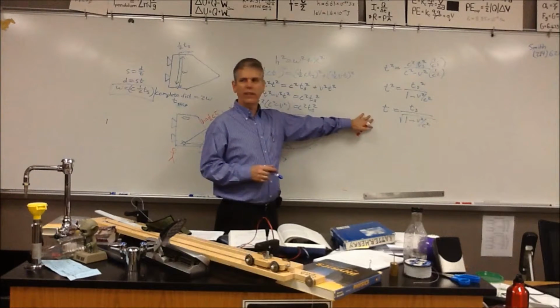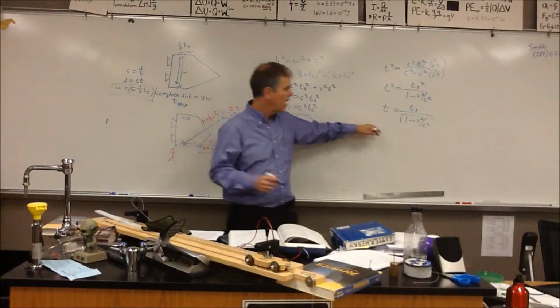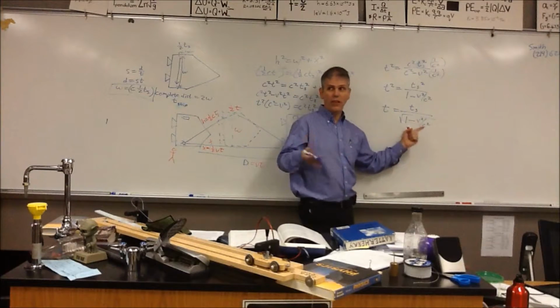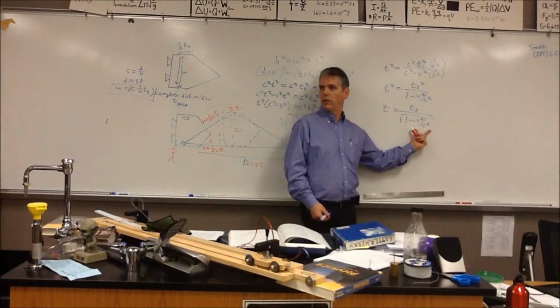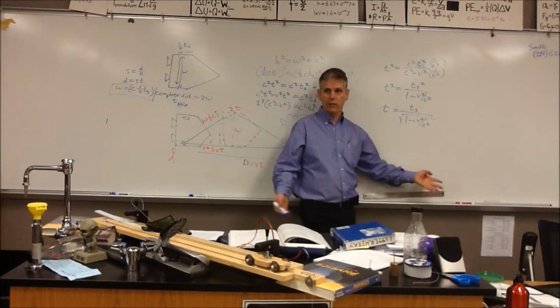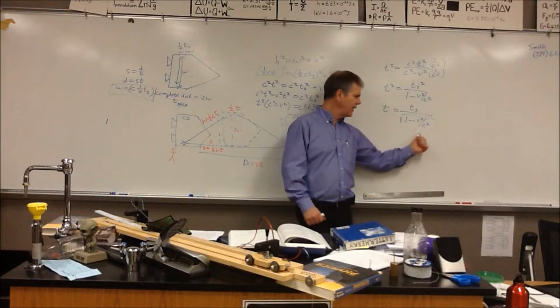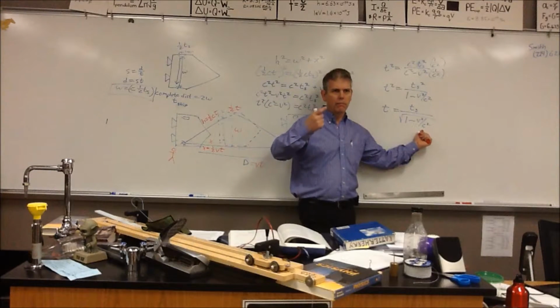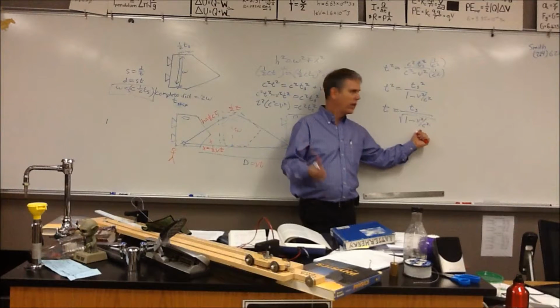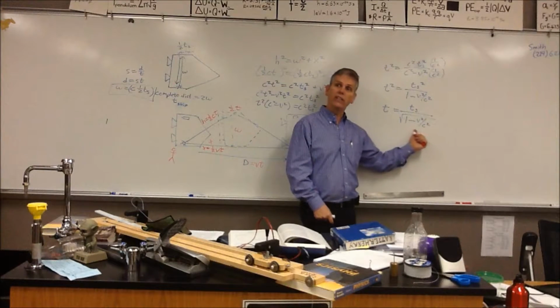So now, let's take a look at this and let's make sense out of it. If v is very, very small, this is basically equal to 0, and these two times are the same, because the square root of 1 is 1. But as this gets to be bigger, an appreciable portion of the speed of light, then this is now less than 1, isn't it?